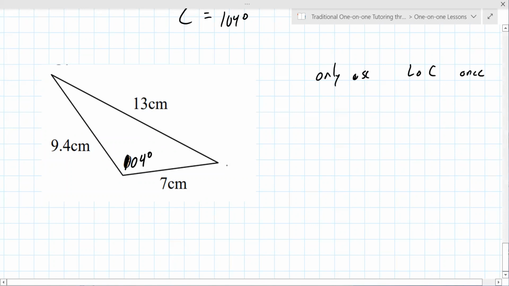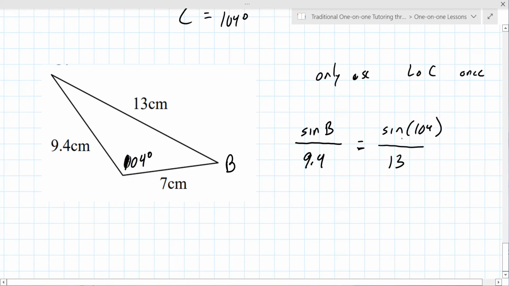If I wanted you to find angle B, how would we set that up here? Using law of sines. We do sine of B over 9.4. Good. And then sine of 104 over 13.